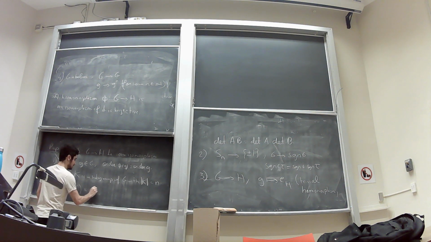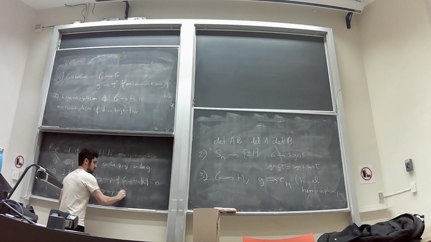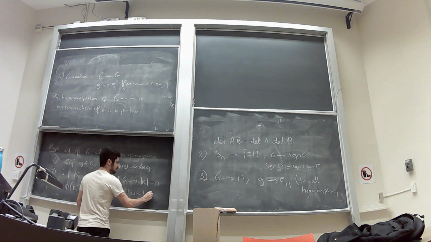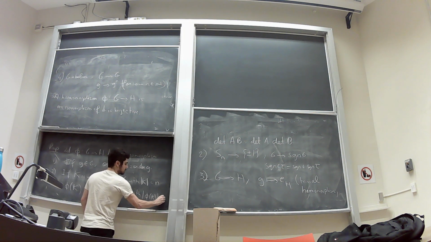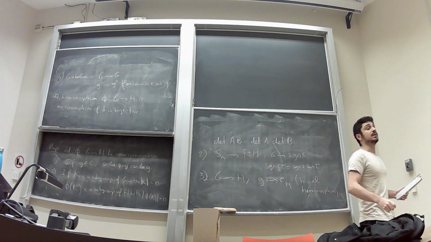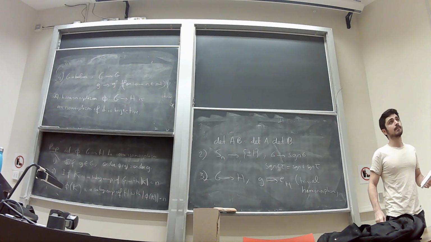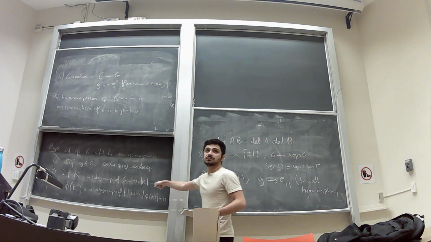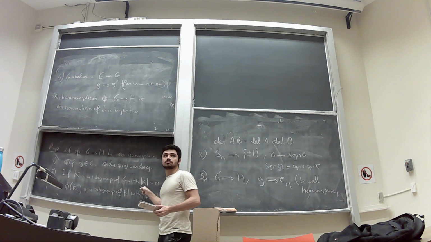You expect that in bijections, right? Because the bijection preserves sizes. N is just the size of K. Okay?